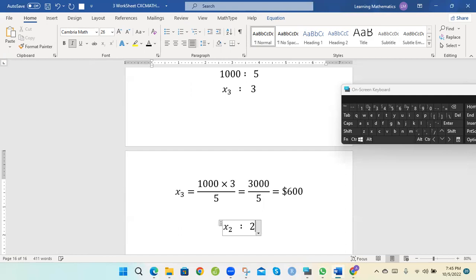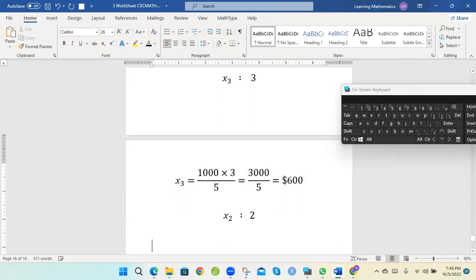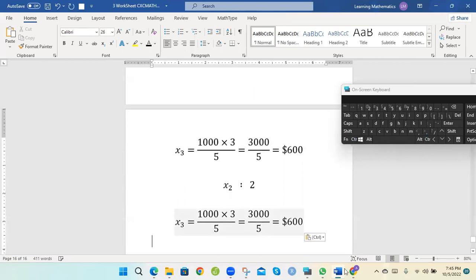We're still going to cross multiply and divide by 5 also. So X2, the part for 2, is 1,000 times 2 divided by 5. You have 2,000. 5 into 20 equals $400.